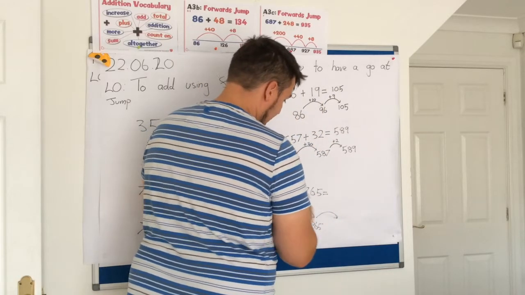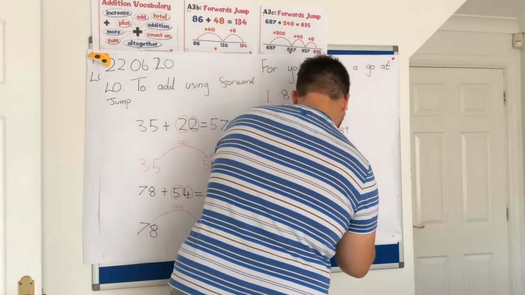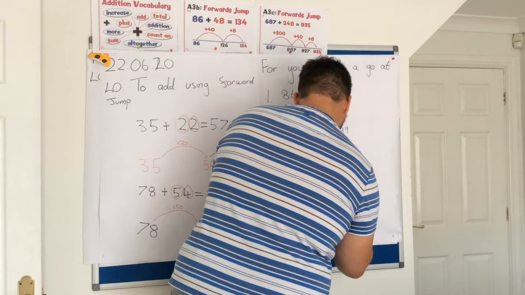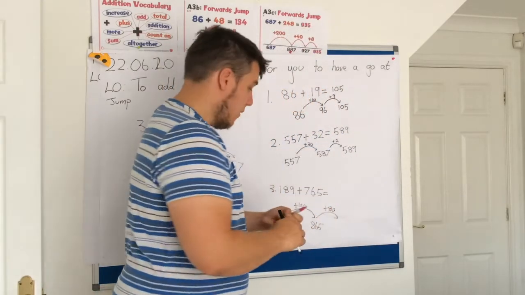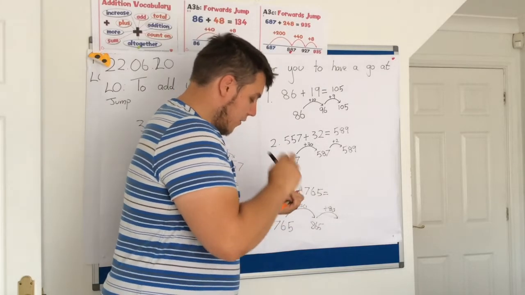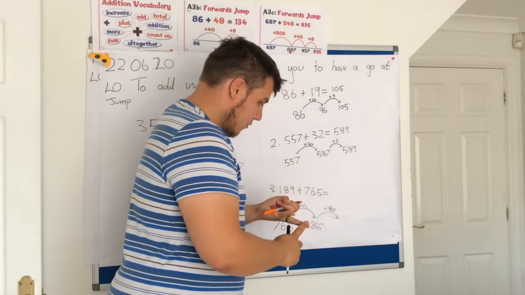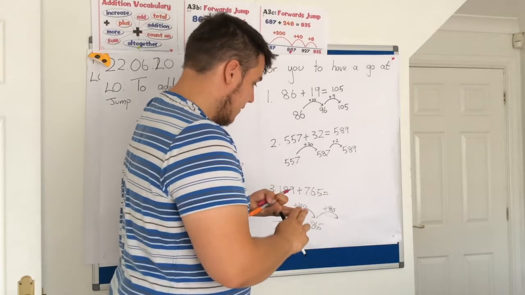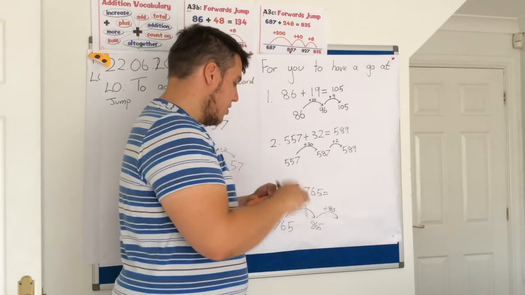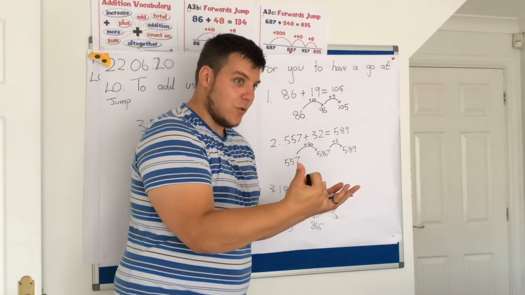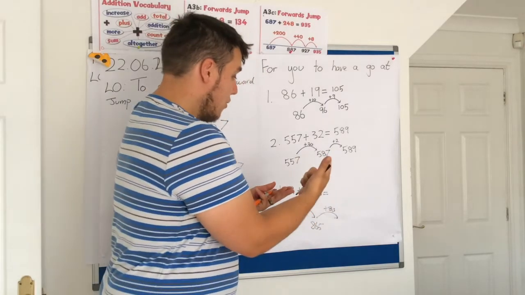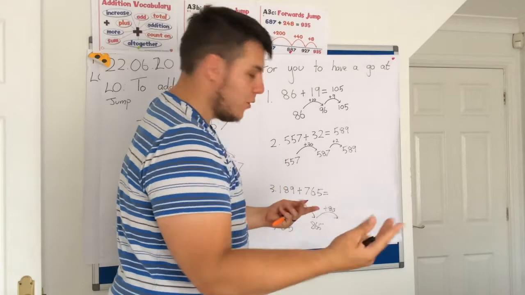Now I'm going to do my tens. So I've got 80, so I'm adding 80. 865, and I can count on if I want to. 865 goes on to 875, 885, 895, then I'm on to 900s, 905, 915, 925, 935, 945.